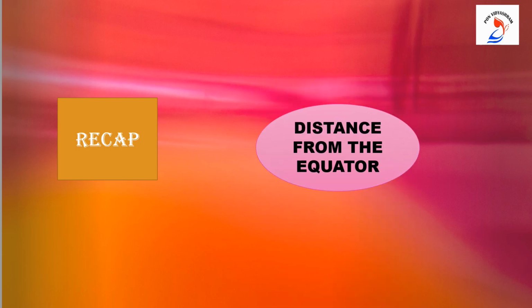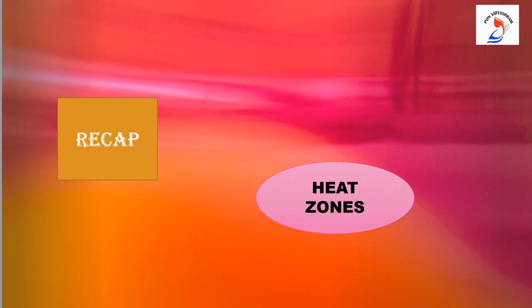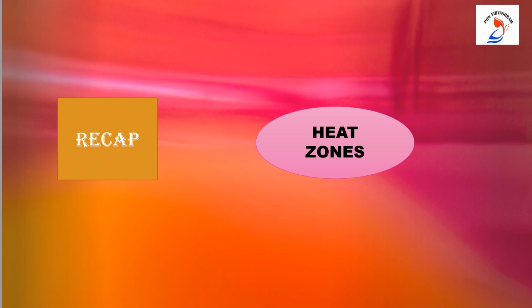And we started from distance from the equator. We also learned about the heat zones. We learned the 3 heat zones: torrid zone, frigid zone, and temperate zone.